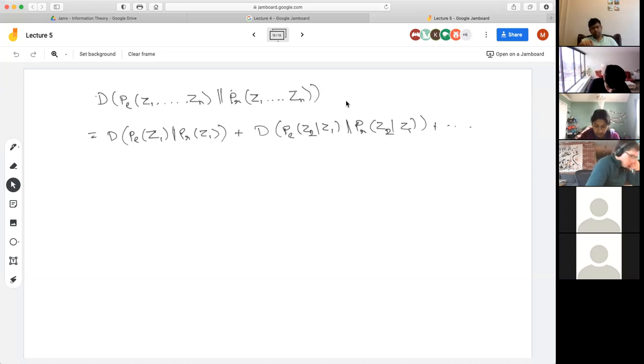Now, the first term is, first of all, Z1, is it the coin from my left hand or the coin from my right hand? I don't know, you tell me, right? It depends on what your choice is, it depends on C1.